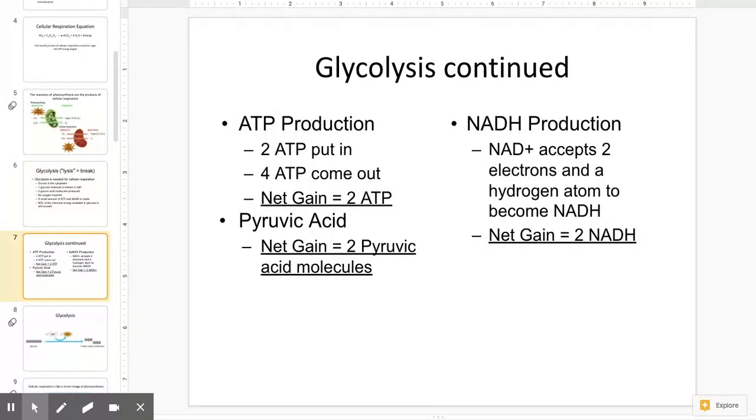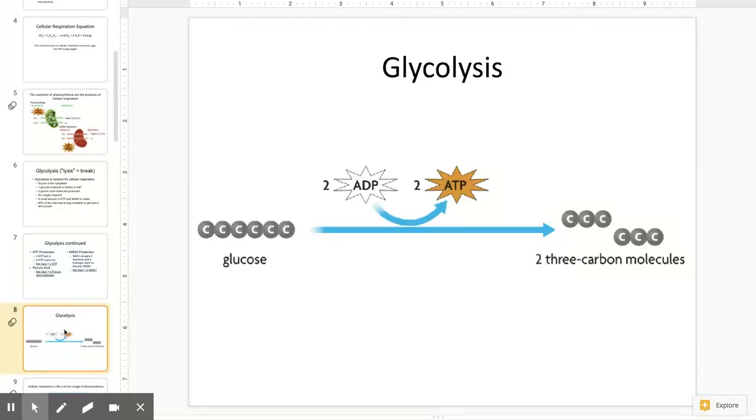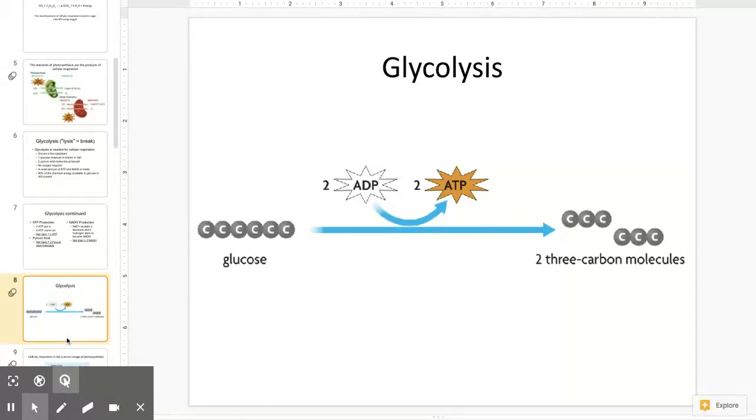So we don't really want that to happen, but in terms of net, what is happening here? There's a net of 2 ATP, 2 pyruvic acid, and 2 NADH molecules from glycolysis. That glucose, like I said, gets broken down and ATP is created in that process. Those 3 carbon molecules are your pyruvate.